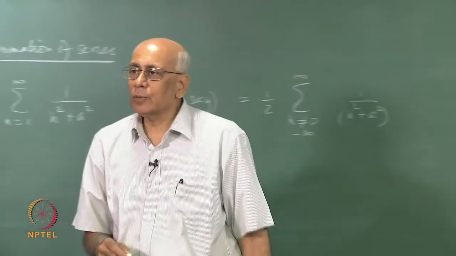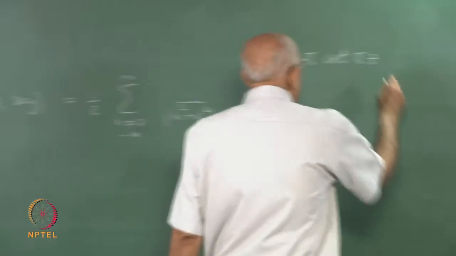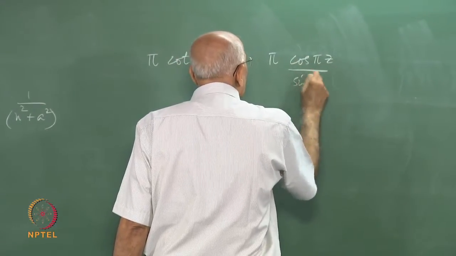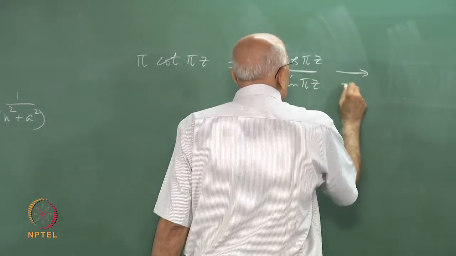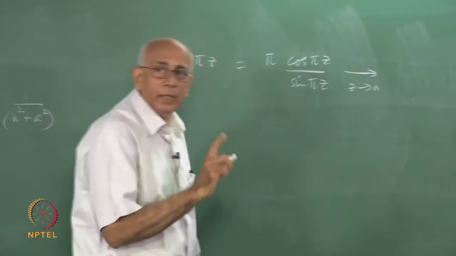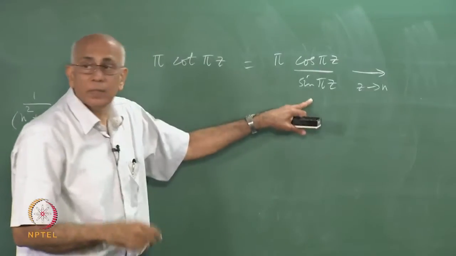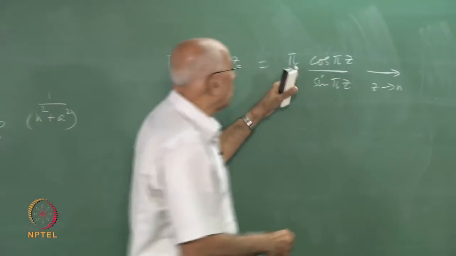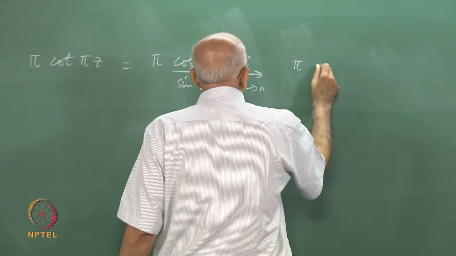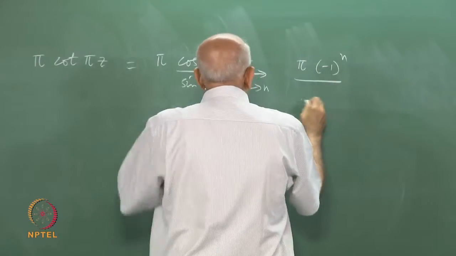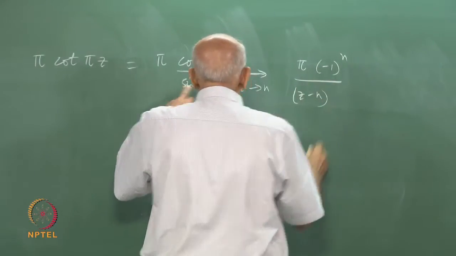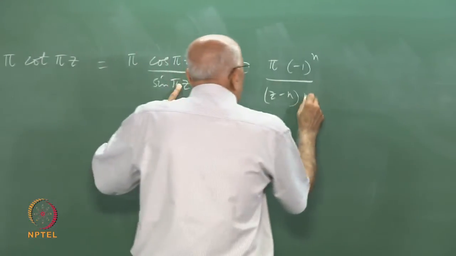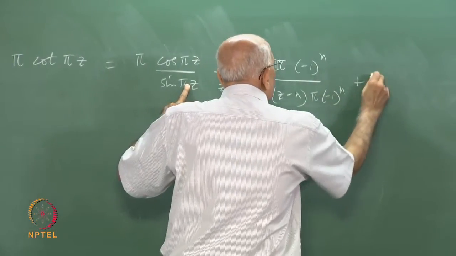this function has precisely that property because this is equal to pi cos pi z over sin pi z, and as z goes to any integer n, the denominator has a simple 0. So this whole ratio has a simple pole, and this goes to pi times cos n pi, that is minus 1 to the power n, divided by z minus n times the derivative of sin pi z at z equal to n, which is pi times minus 1 to the power n, plus regular part.